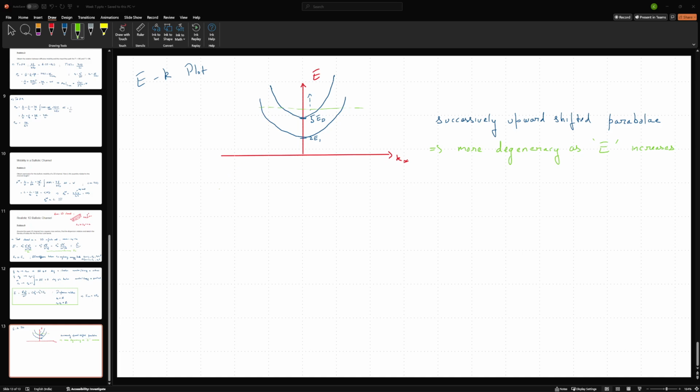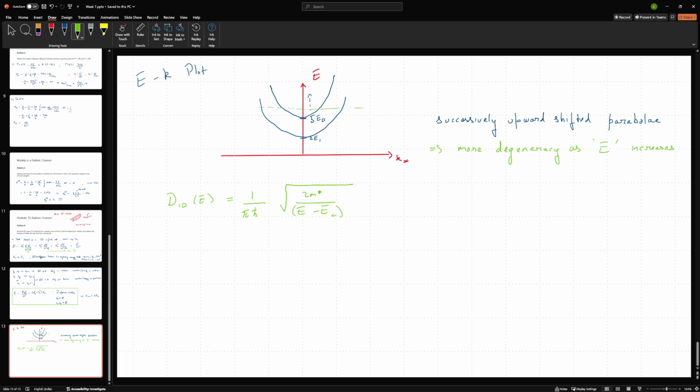So the D1D of E. Let us look at the 1D density of states. We write this as 1 divided by pi h bar square root of 2m star divided by E, or if we are considering the conduction band, we will write it as E minus EC.